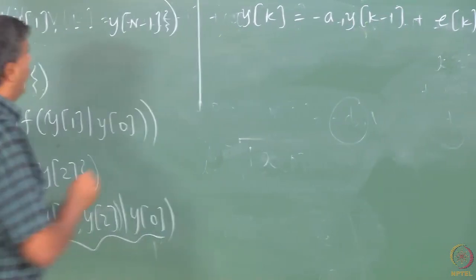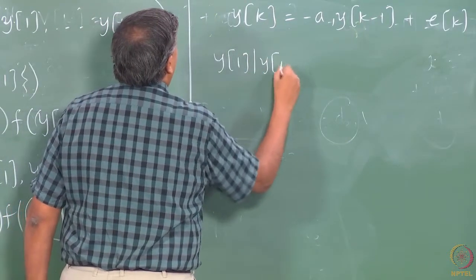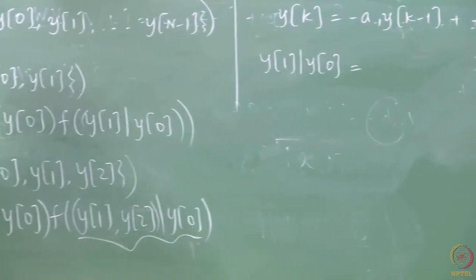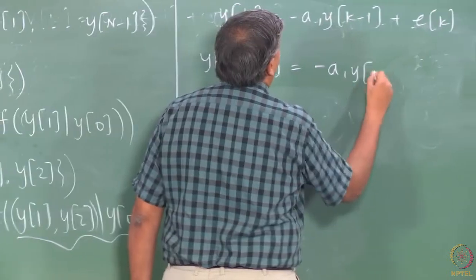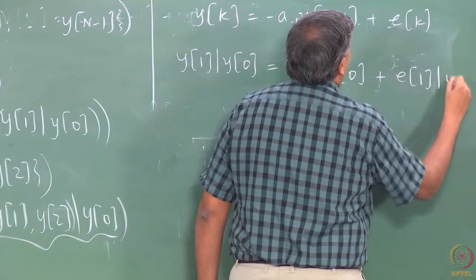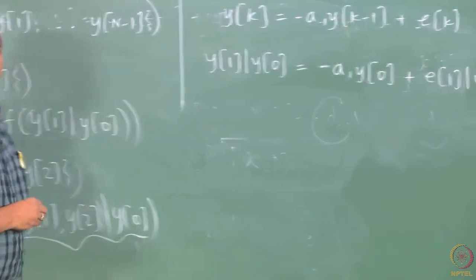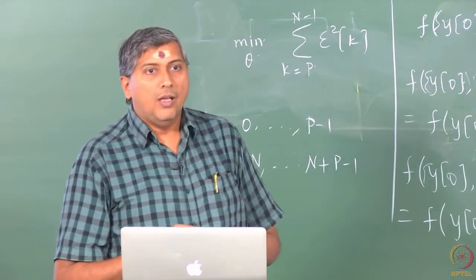So, when I look at y1 given y0, what would be on the right hand side? Minus a1 y0 plus e1 given y0. Okay, just writing whatever is there.